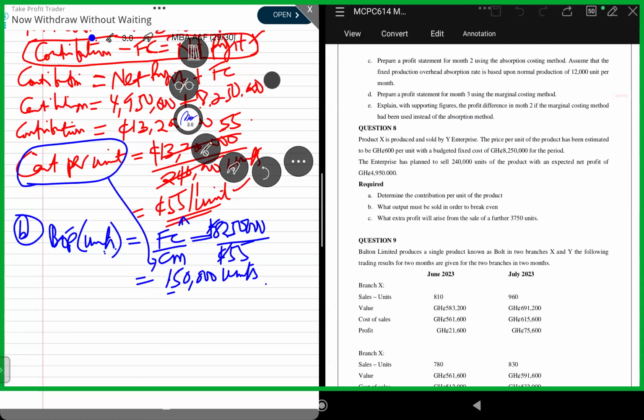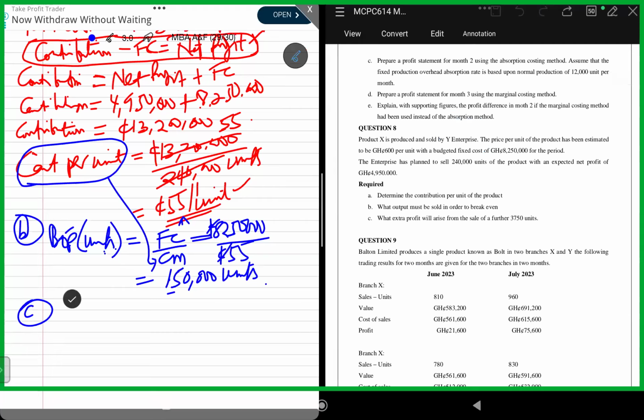So C, it says, what extra profit will arise from the sale of a further 3750 units? We can say quantity. We will pick a formula which has a profit in it: quantity equals fixed costs over CM plus the target profit, TP.